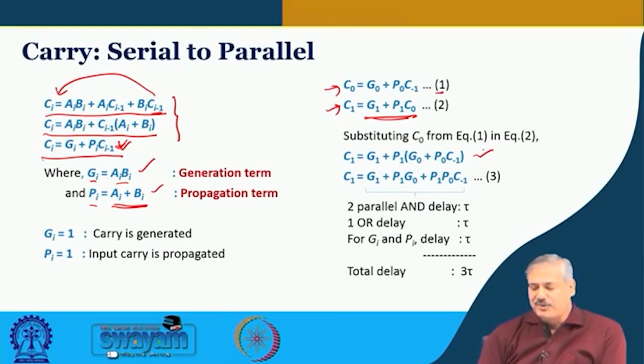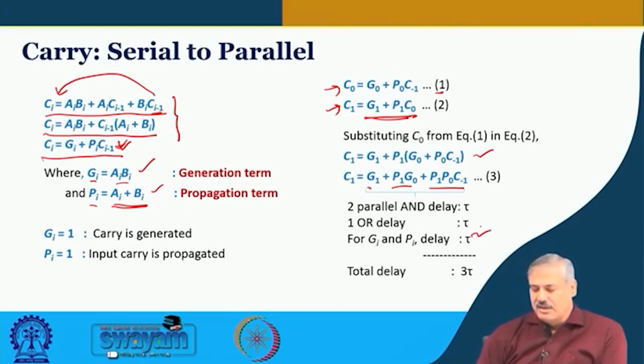So, if you do that, what will happen? C 1 is G 1 plus P 1 G naught plus P 1 P naught C minus 1. This is what we have got, and by this what have we achieved in terms of delay? G I and P I generation takes 1 tau.